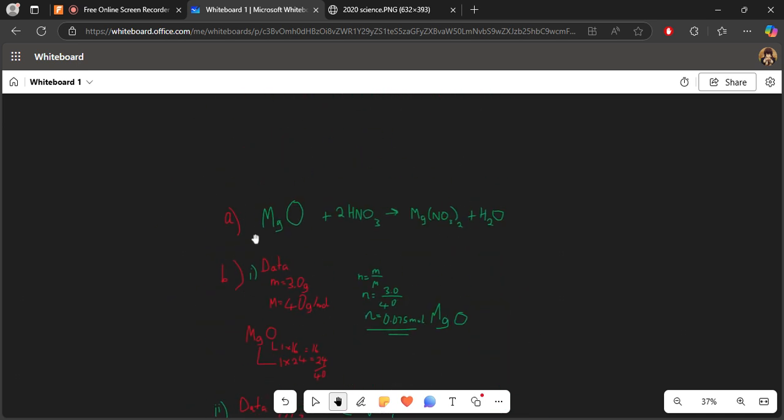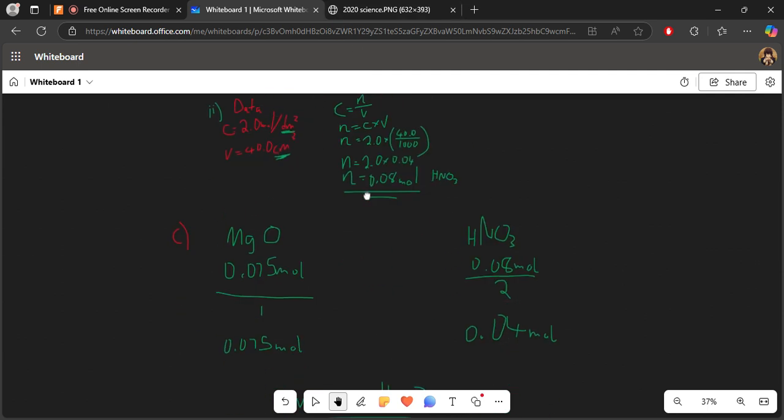Because we can see here that for every mole of magnesium oxide, we need 2 moles of nitric acid. So if we have 0.075 moles of magnesium oxide, for it to react with nitric acid, you need twice that amount, which is 0.150. But you don't have that much nitric acid. That's why nitric acid ends up being your limiting reactant.